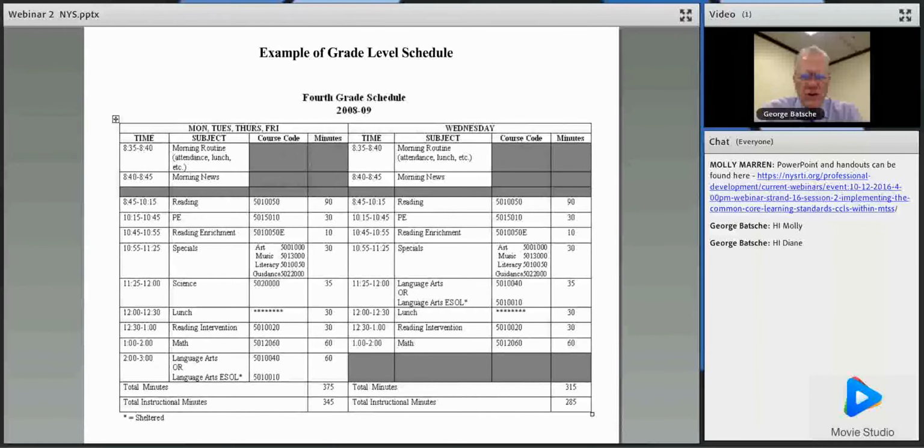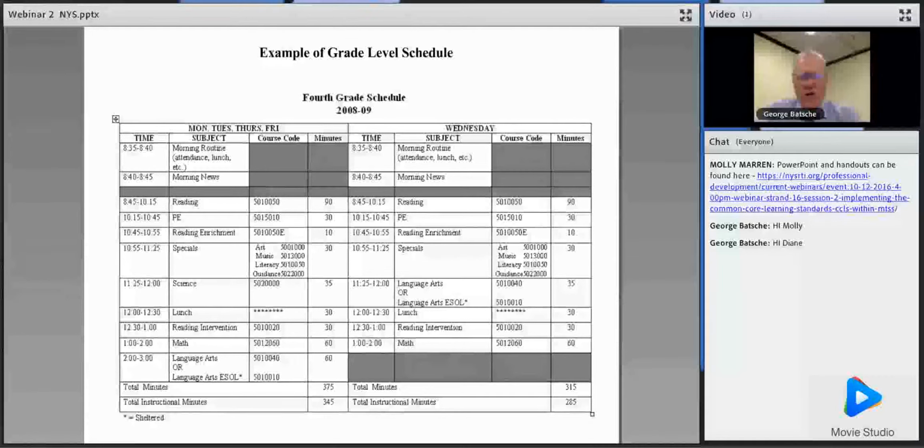So you have on your screen now an example of a 4th grade schedule. This is one from schools that I work with. And I want you to look carefully at it for a couple of things. If you count the number of transitions on the left-hand side, you will find that there are 11 transitions for 4th graders each day.